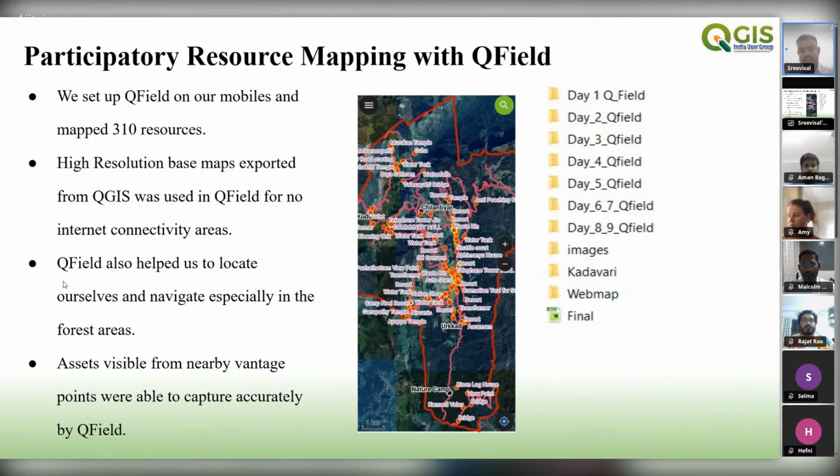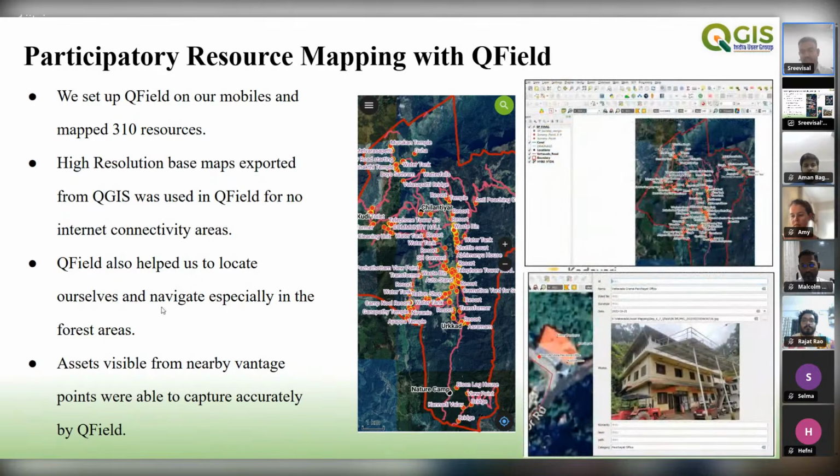And some areas were protected and we couldn't go near them. So by standing at a nearby vantage point itself, we were able to capture them using QField, which we may not be able to do with a handheld GPS device.